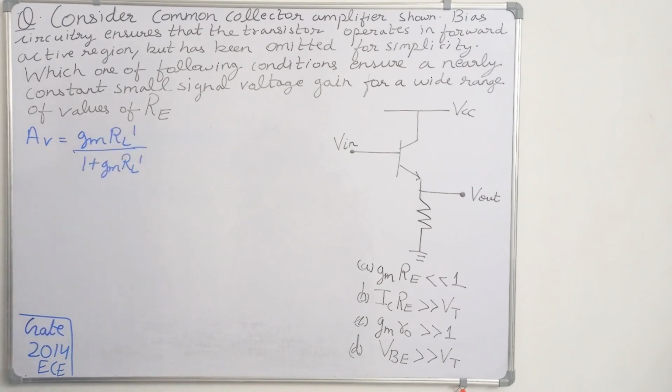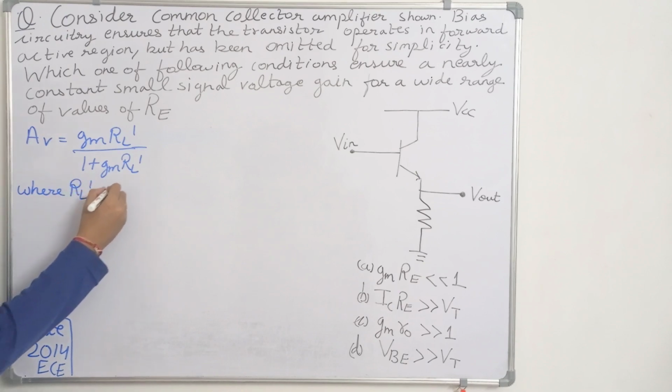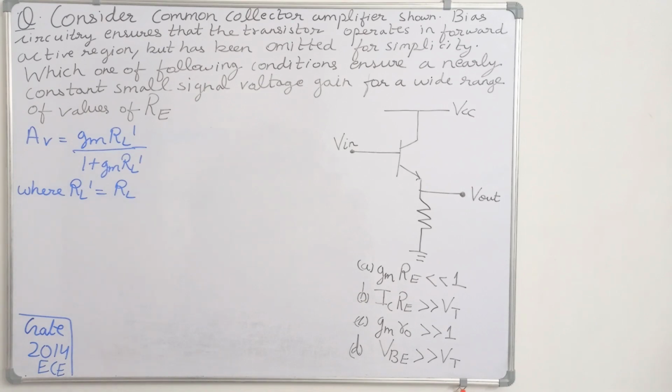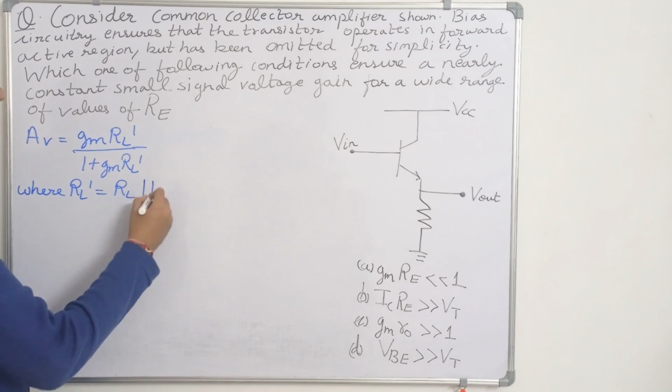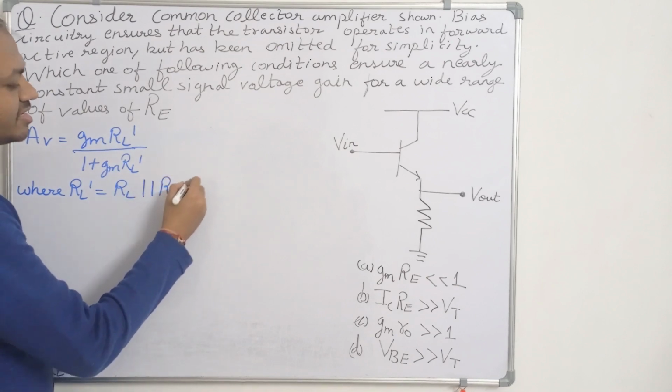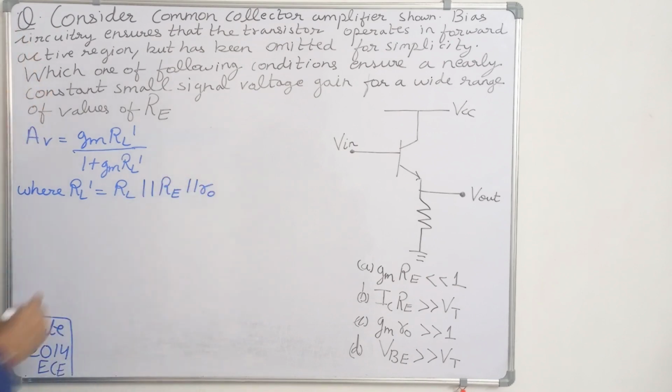This is the voltage gain formula for a common collector amplifier, where RL dash is equal to the load resistance in parallel with the emitter resistance in parallel with the output resistance of the transistor.